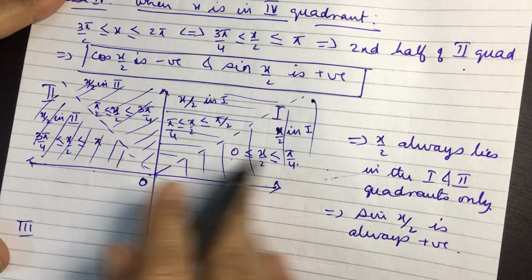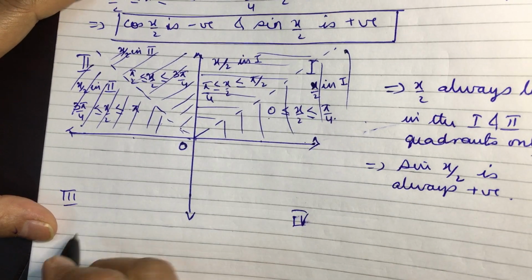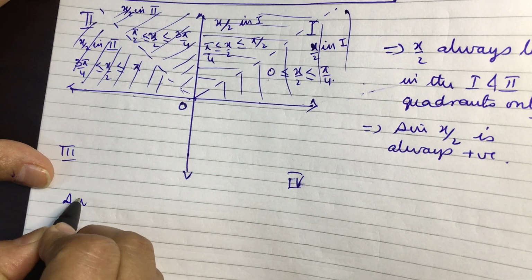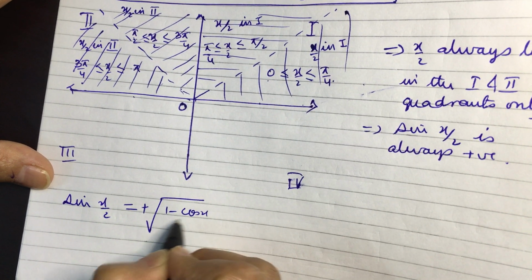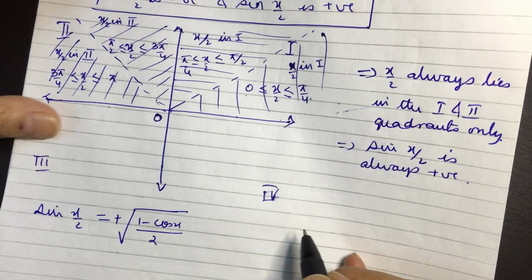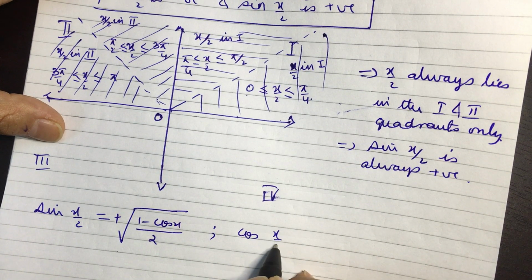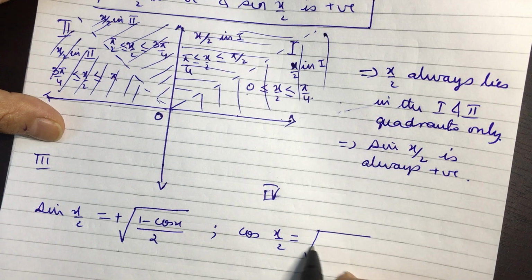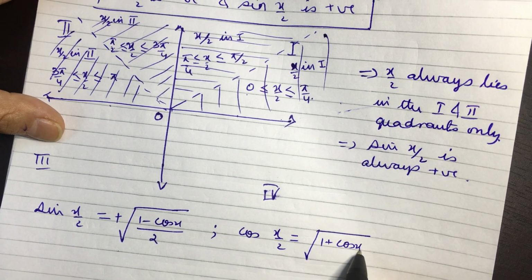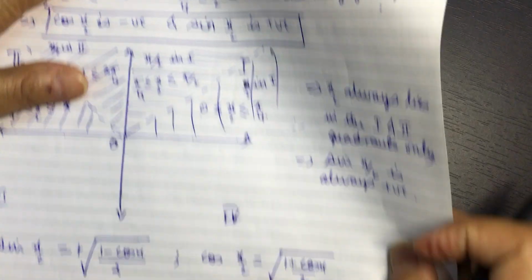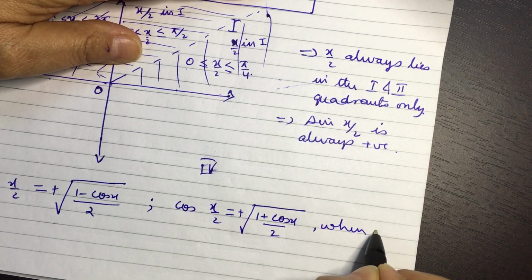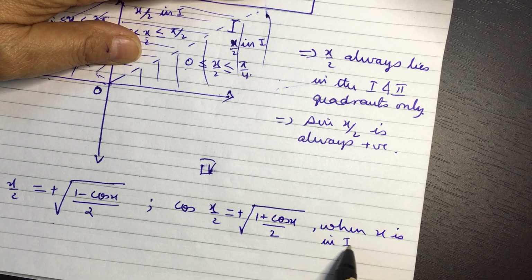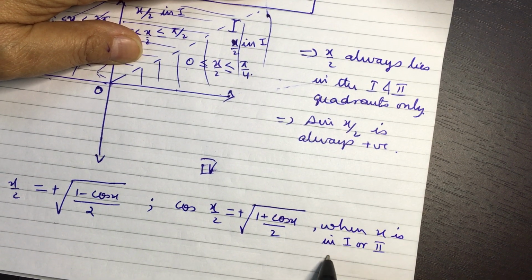So the sign is decided in this manner, and the value is decided by the formula. We conclude that sin x by 2 is always the positive square root of (1 minus cos x) upon 2, whereas cos x by 2 is the square root of (1 plus cos x) over 2, the positive square root, when x is in the first or second quadrant.